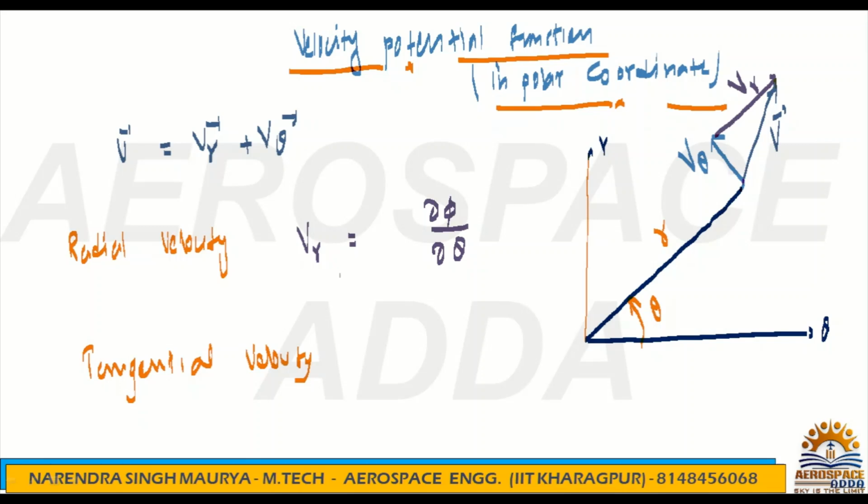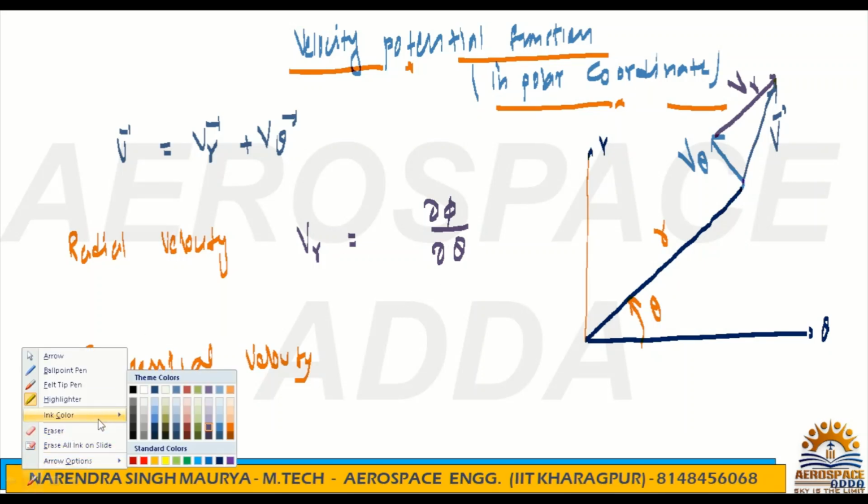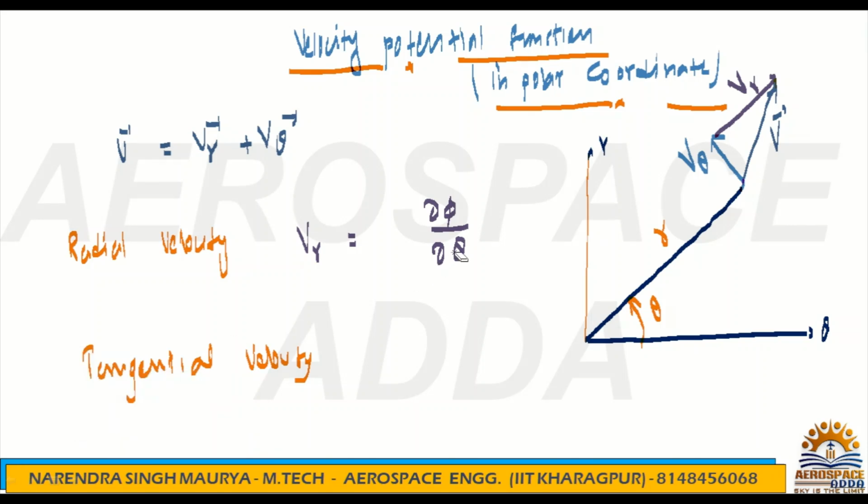Okay, sorry, it's a mistake, because if you are taking the derivative of the potential function in the radial direction, then you will get velocity in the radial direction. I had taken a stream function, so I wrote just the opposite. So if it is VR, then this is dou phi by dou r.